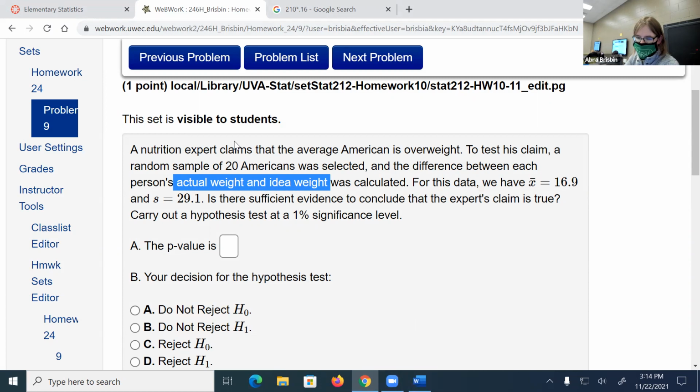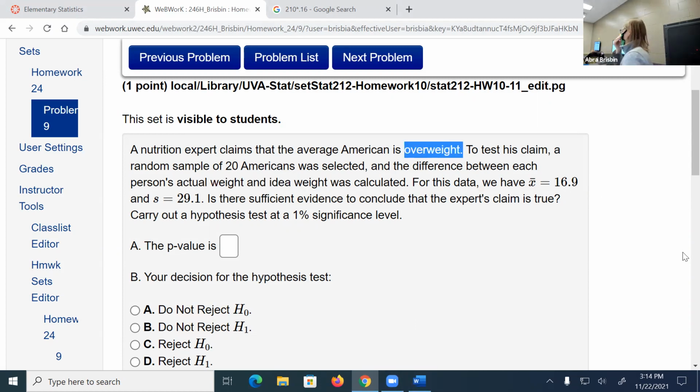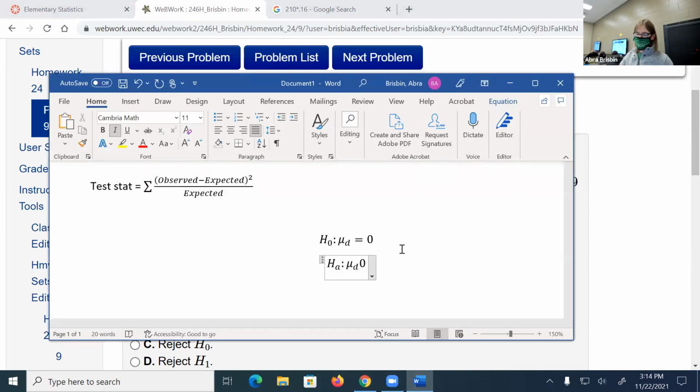And the nutrition expert is claiming that on average, people are overweight. So that would be saying that the average difference would be greater than 0 if we're taking actual minus ideal. So that's going to be a one-sided alternative hypothesis.